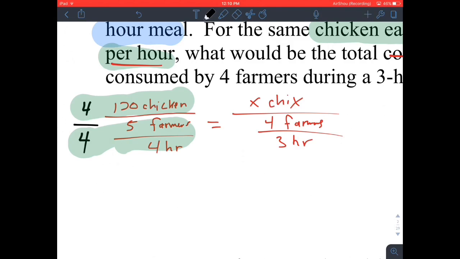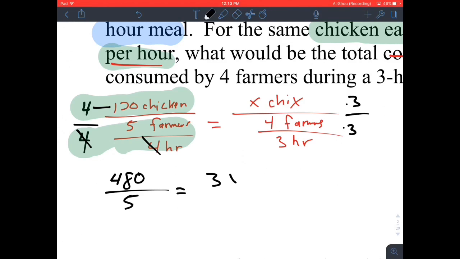Down on the bottom, 4 divided by 4 cancels. On the top, 4 times 120, that's going to be 480. So that's 480 over 5. If I do a similar thing over here, multiply the top and bottom by 3, I'm going to get 3x over 4, because those 3's will cancel.